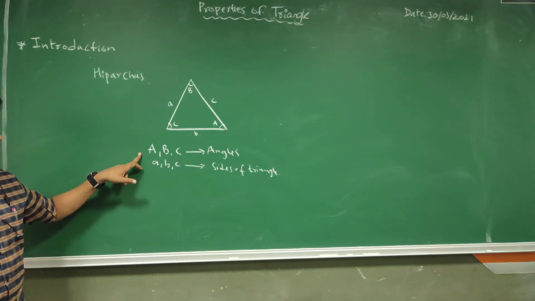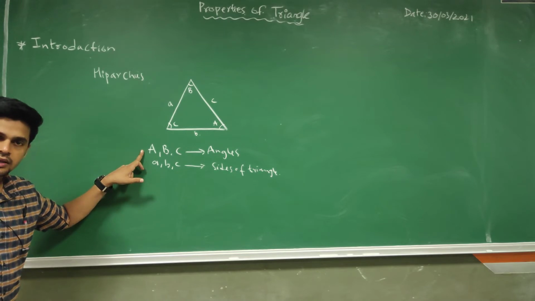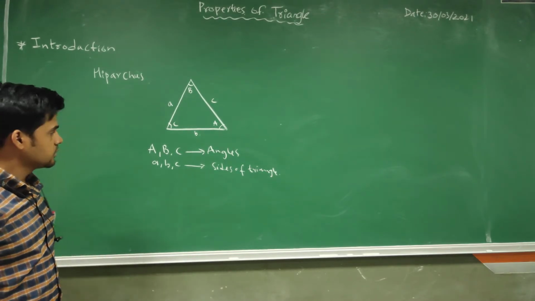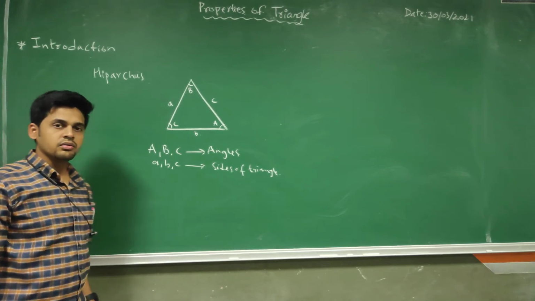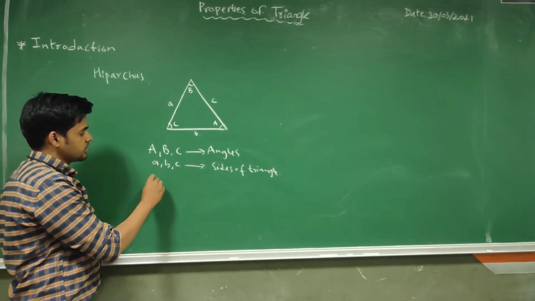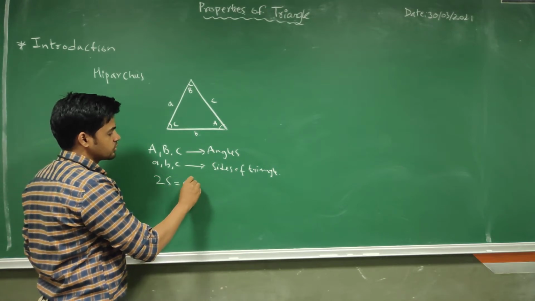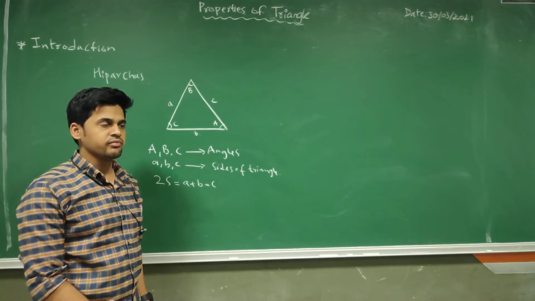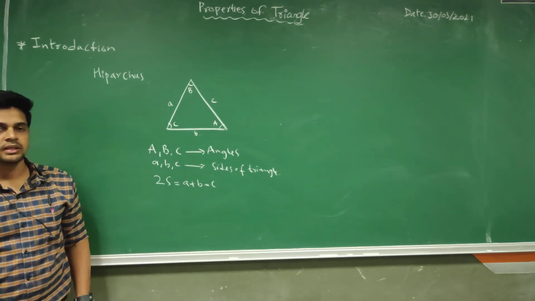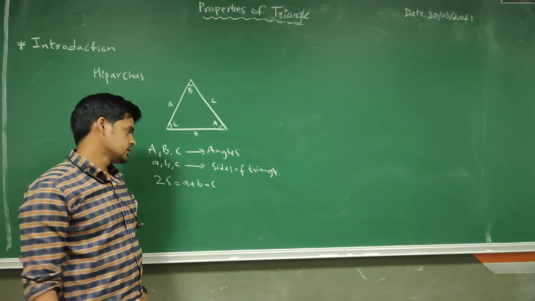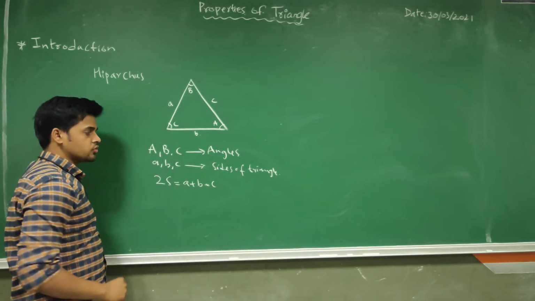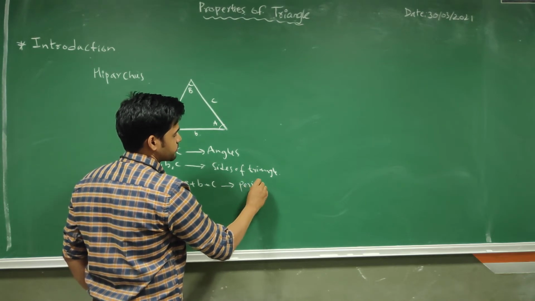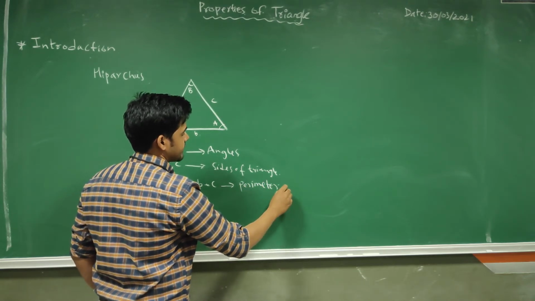You should not get confused between small letters and capital letters. Now we know one more thing, that 2s is equal to a plus b plus c, where a, b, c are the sides, and a plus b plus c is called the perimeter of the triangle, which is equal to 2s.